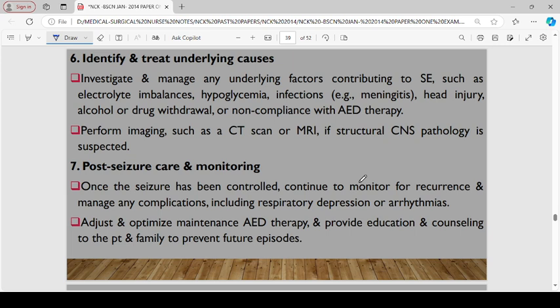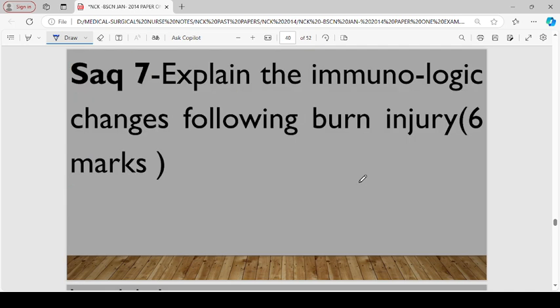Post-seizure care and monitoring, you continue to monitor for recurrence and manage any complications including respiratory depression or arrhythmias. And then you have to adjust and optimize maintenance antiepileptic therapy. Then provide education and counseling to the patient and family to prevent future episodes.